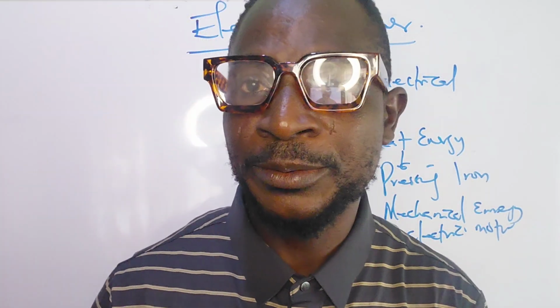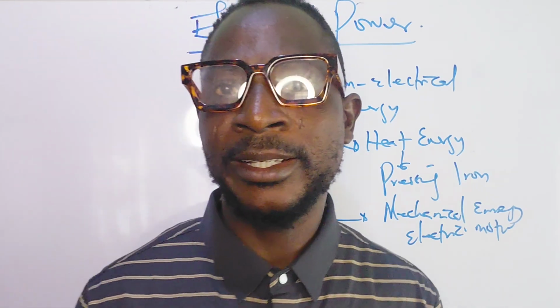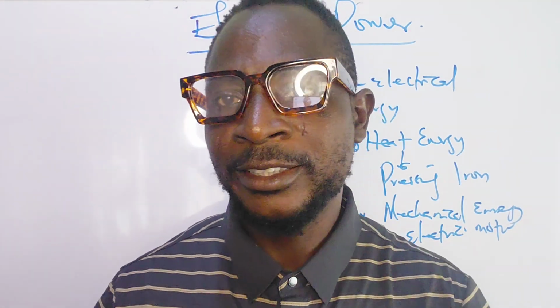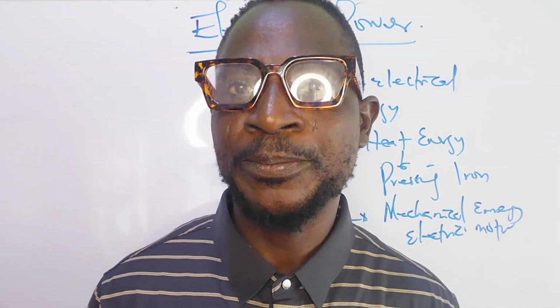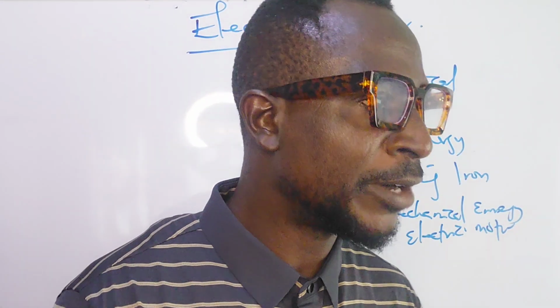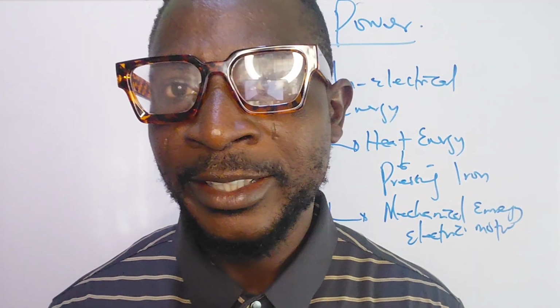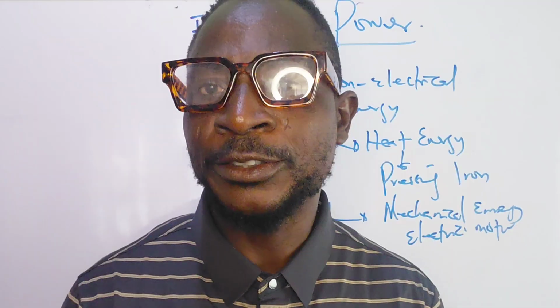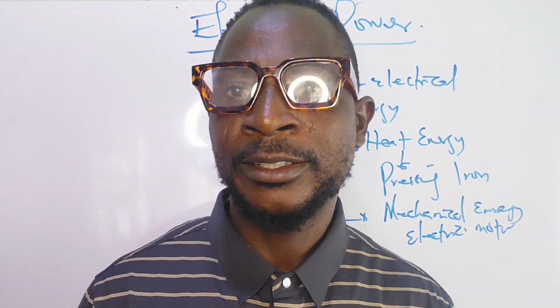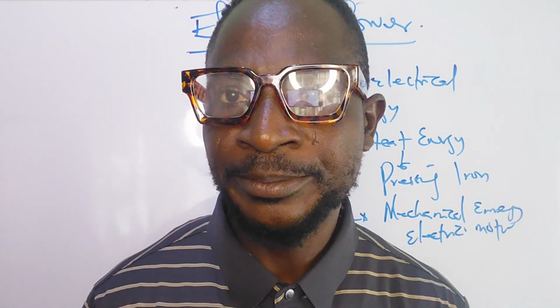Please note the difference between power and energy. Energy is just the aggregation of power. We can liken power to the rate at which a distance is covered, which is called speed, while the distance covered can be likened to energy.